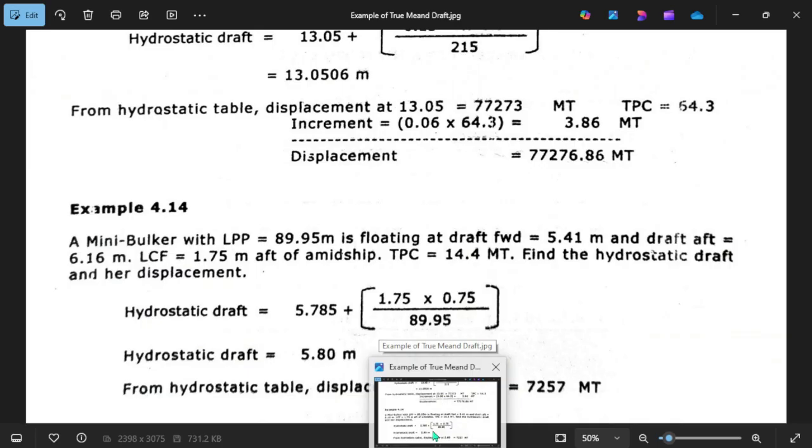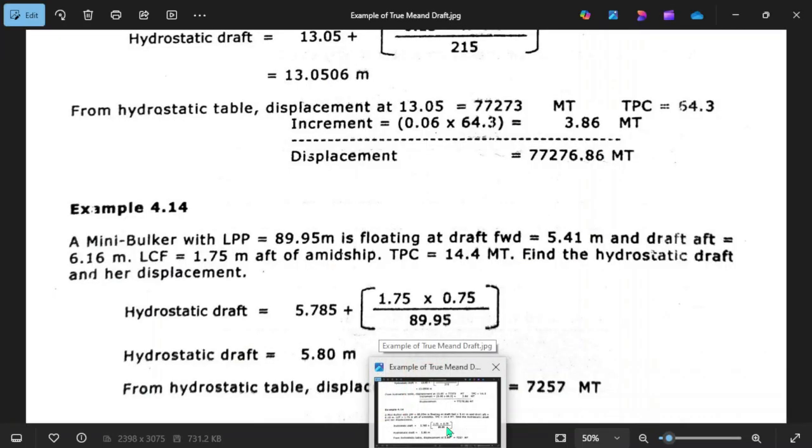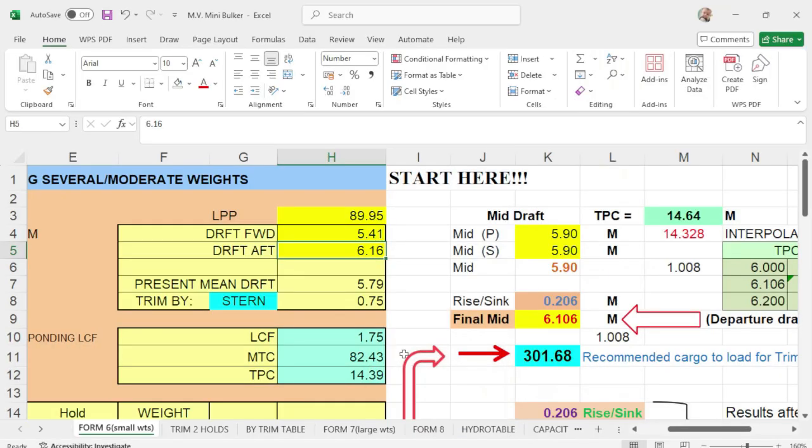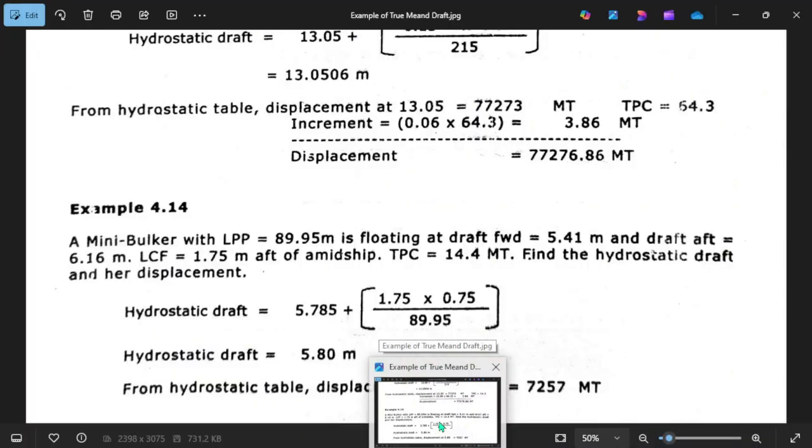LCF is 1.75, and TPC is 14.4 or 14.39. And what else?